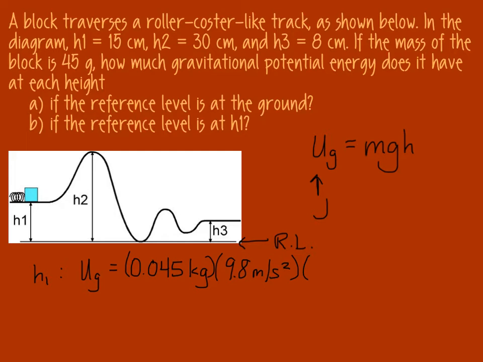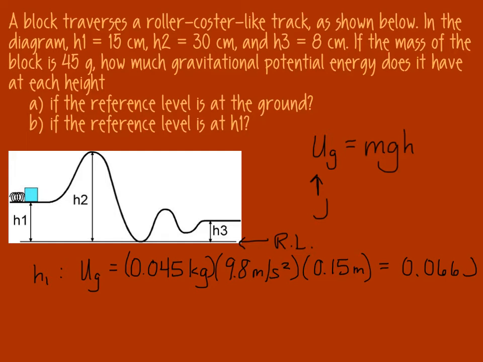And in this case, height, h1, it tells us is 15 centimeters above the bottom, which is where our reference level is located. Again, we have to convert that to meters, so I get 0.15 meters. When I plug all that into my calculator, I get a fairly small amount of energy. 0.066 joules. That's okay, because this is a pretty small object.